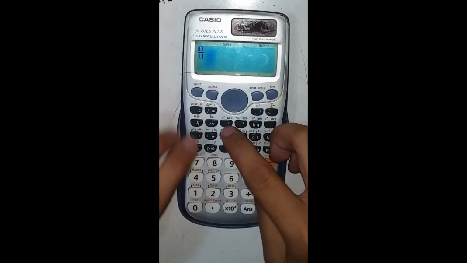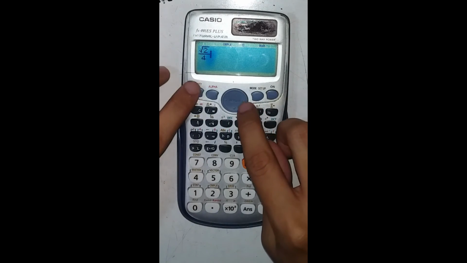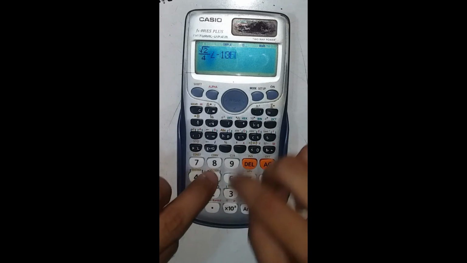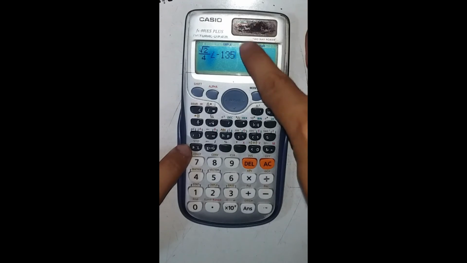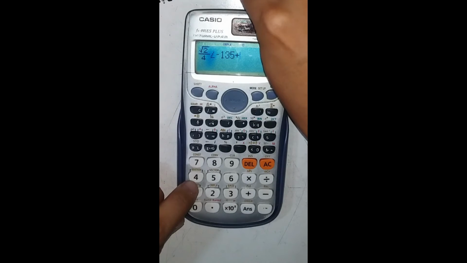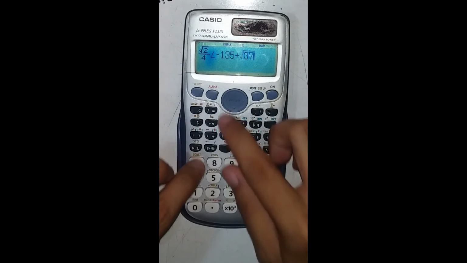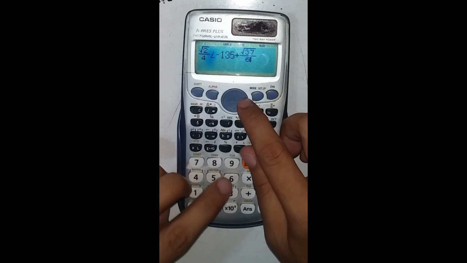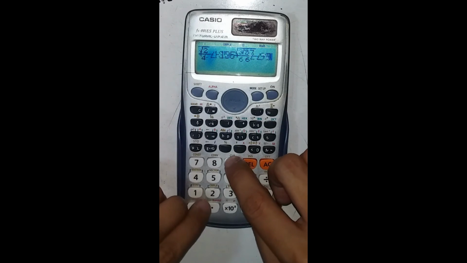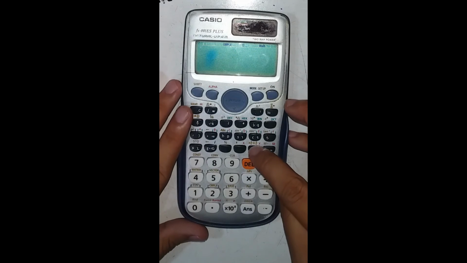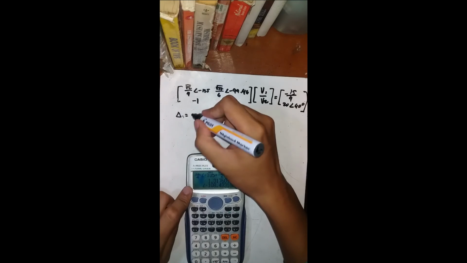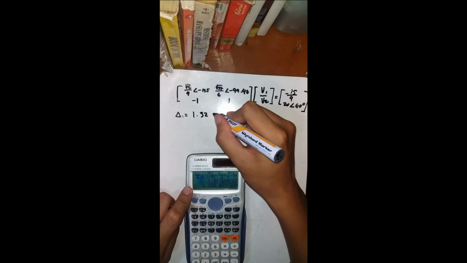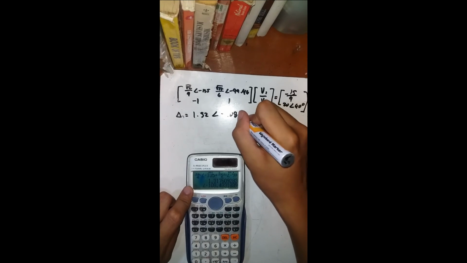We have here the square root of 2 over 4 angle of negative 135 times 1, minus negative 1, so it's plus, times the square root of 37 over 6 angle of negative 99.46, equal to, and we get here 1.32 angle of negative 108.43.